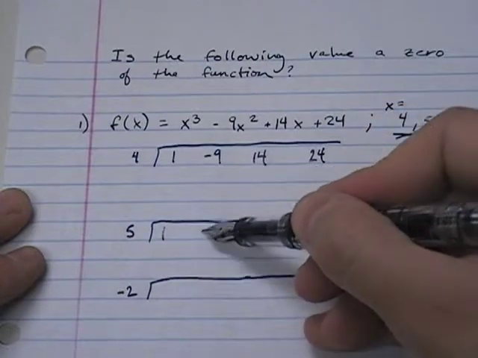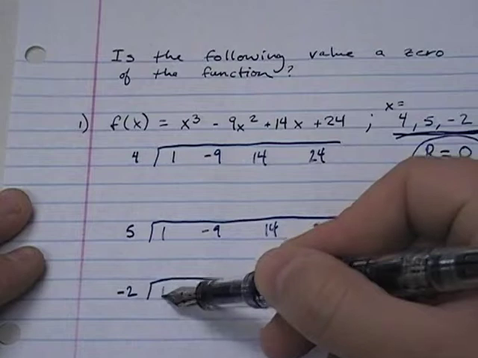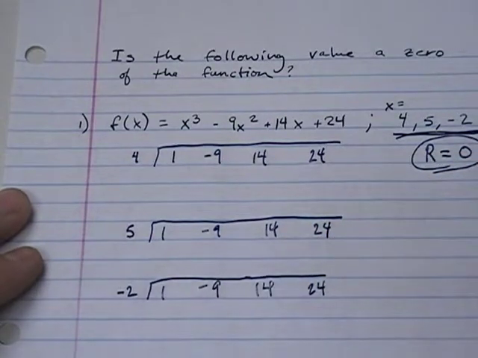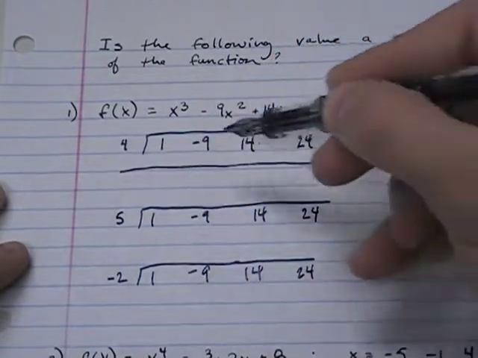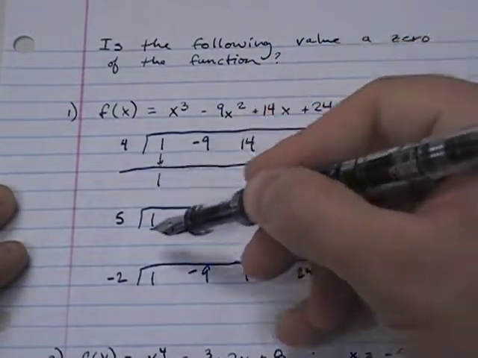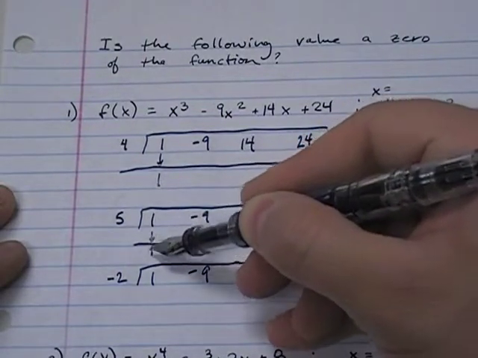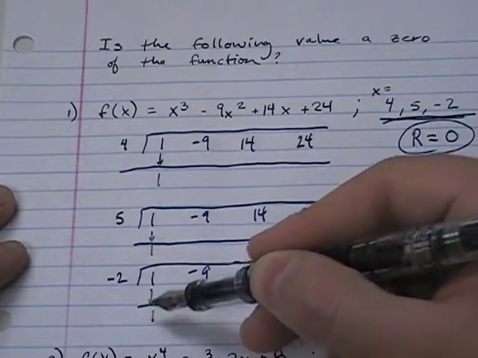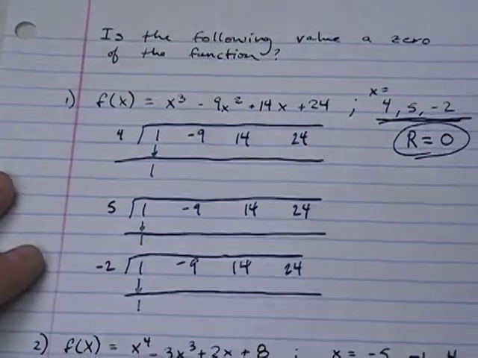It's very redundant if you do this several times. Copy the first number every time. Can't say that enough. Copy the first number every time. And then multiply and add, multiply and add, multiply and add.